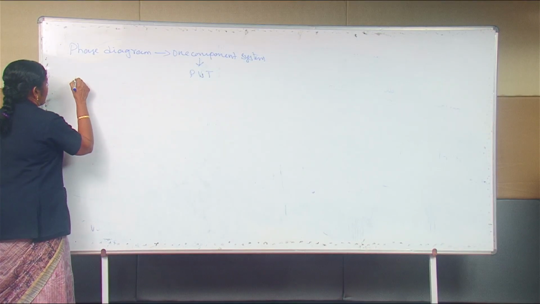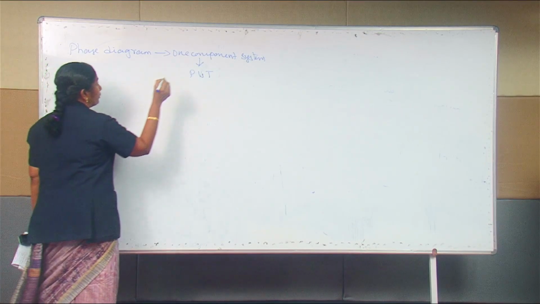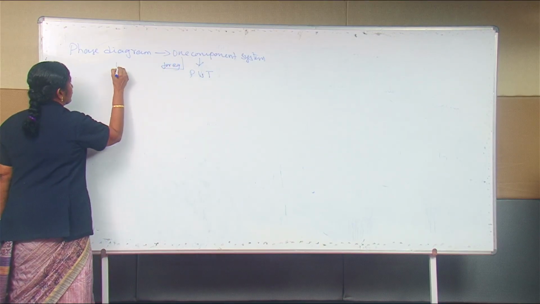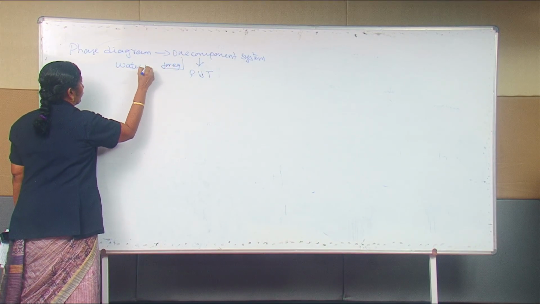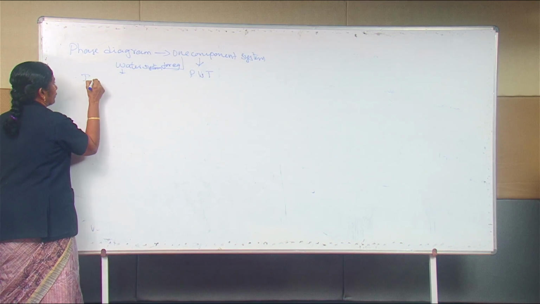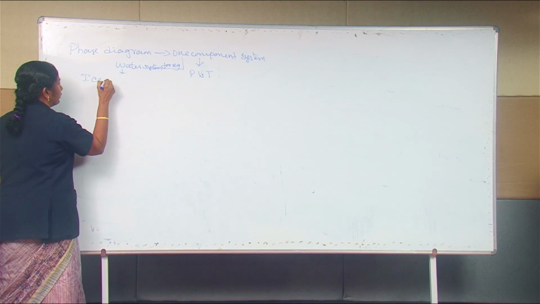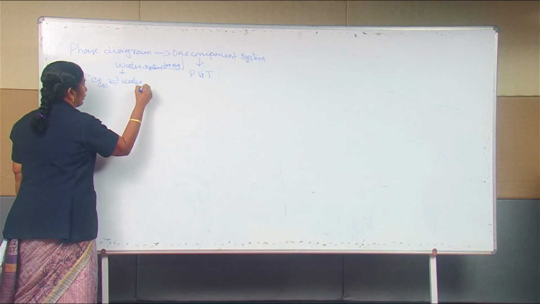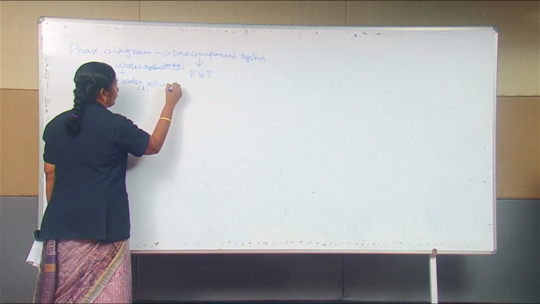Now see the diagram for one component system. The best example for one component system is the water system. The water system consists of three phases: ice, water, and then water vapor.